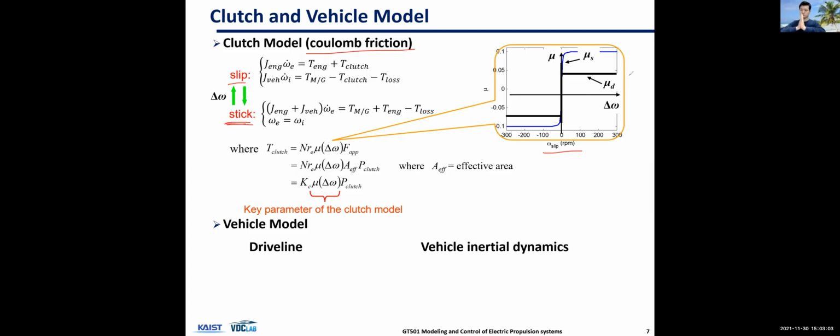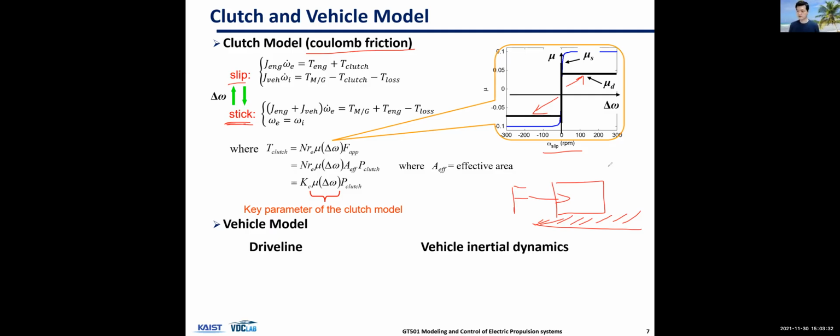It'll start to generate delta omega, right? And then you move into this dynamic friction region. You learn that from moving a box, right?